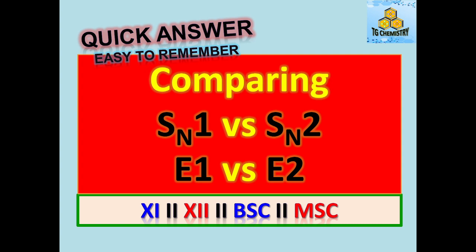Then we need to learn about the nucleophile. In substitution reactions, the nucleophile eventually replaces the leaving group, right? The nucleophile attacks the substrate, donating an electron pair to the new bond and replacing the leaving group. The word nucleophile comes from Greek roots, where nucleo means nucleus and phile means lover.